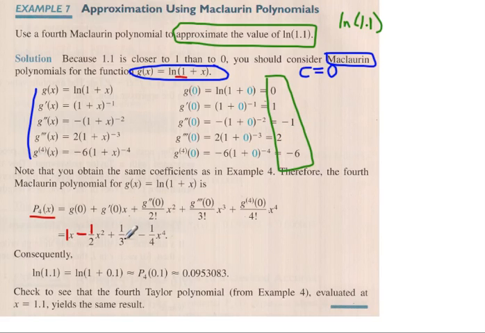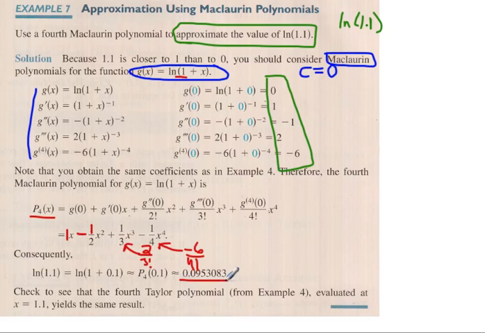Where's the 2? Hey, remember this is like this guy right here. It's like 2 over 3 factorial. That's why it's 1/3, 2/6. And well, hey, where'd the negative 6 go? Remember this guy. Negative 6 over 4 factorial. That is negative 1/4. Anyway, so you plug that in and you get this number.